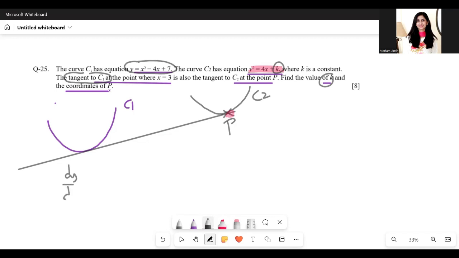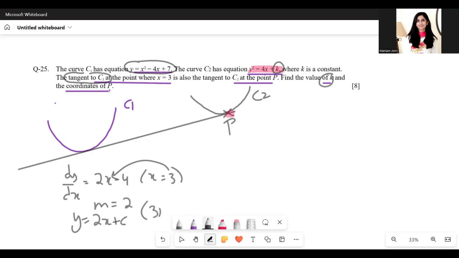So dy by dx equals 2x minus 4. X is given, x equals 3, which gives us a gradient of 2 by substituting x here. And then we get y equals 2x plus c. To find c, we have to substitute 3 comma the value of y. What's y when x is 3?